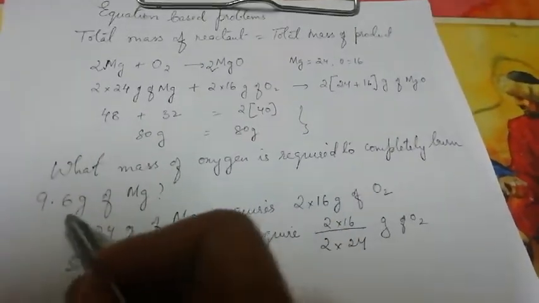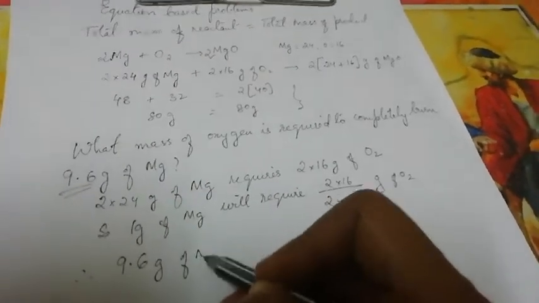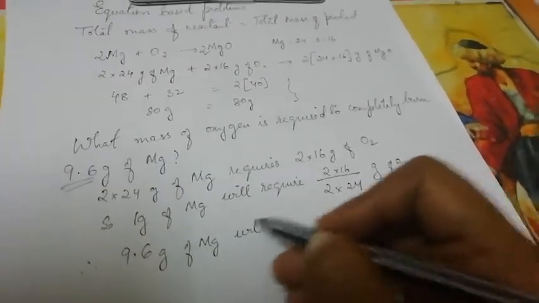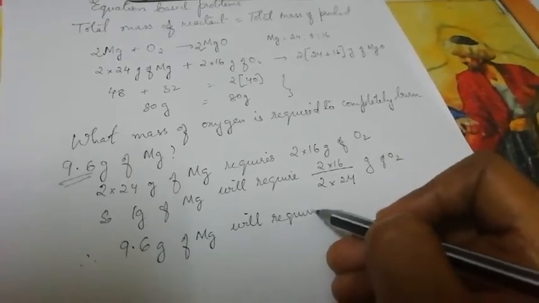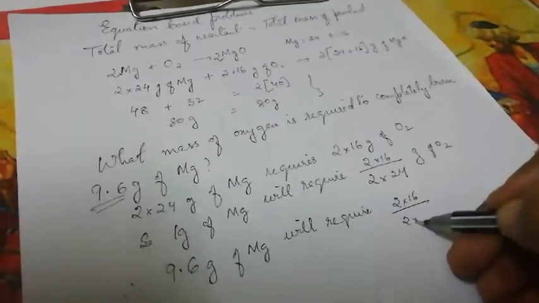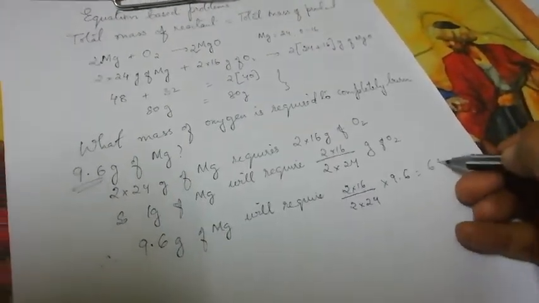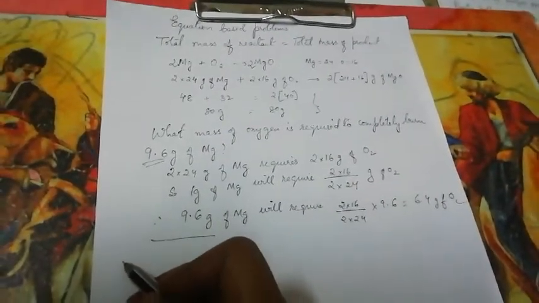Therefore, in the question it is asked 9.6. So 9.6 grams of magnesium will therefore require 2 into 16 divided by 2 into 24 into 9.6. That comes to 6.4 grams of oxygen. This is how you are going to proceed with these weight analysis problems.